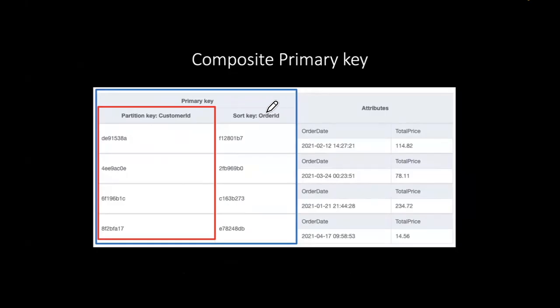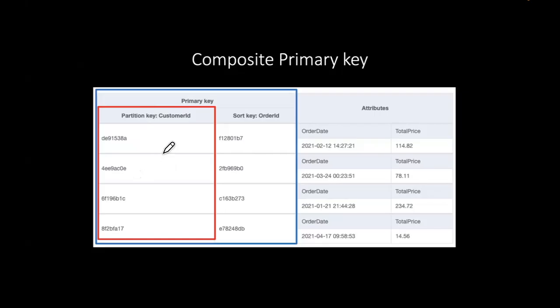Presumably a customer makes more than one order. So in this case, the partition key will have multiple items with the same value, but when you combine the order number with the customer number, that combination must be unique.